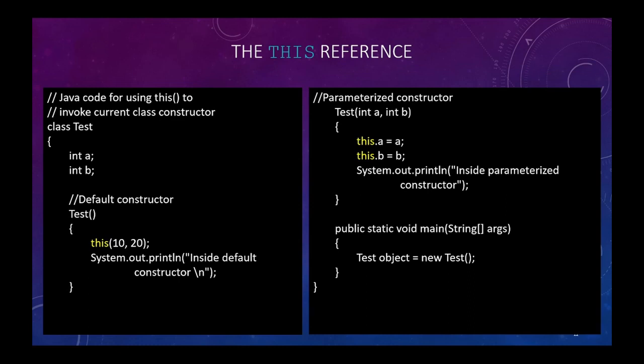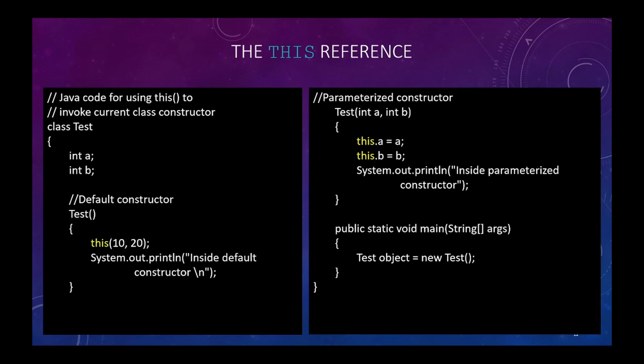Okay, so let's look at the main. The default constructor is going to be called: test object equals new test, open and close parenthesis. That's going to call the default on the left. Okay. The default is calling this with a 10 and 20. That's actually going to send it back to the right. This A equals 10. This B equals 20. So what it's going to do is print out first inside parameterized constructor.